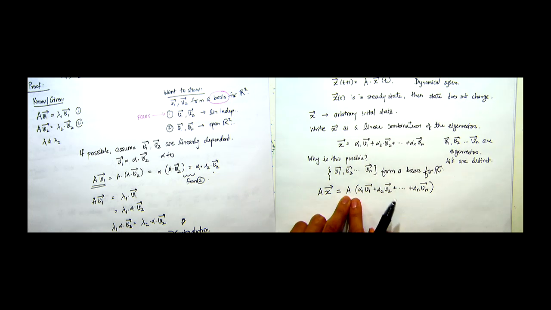So what we can do is use the distributive property to pull A in, and now write this as alpha 1 AV1 plus alpha 2 AV2 plus alpha n AVn.